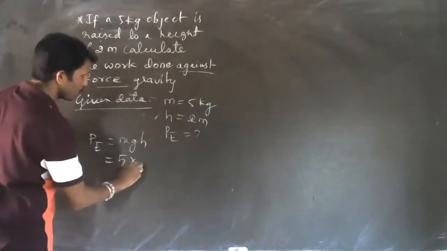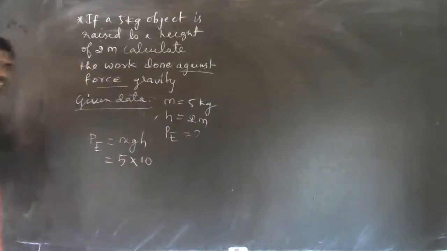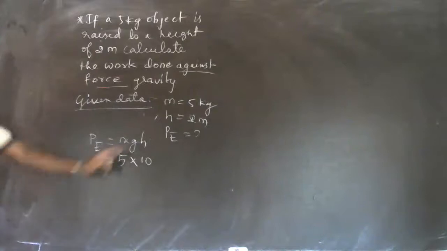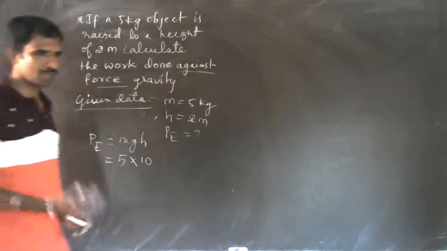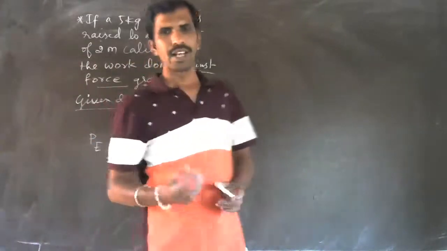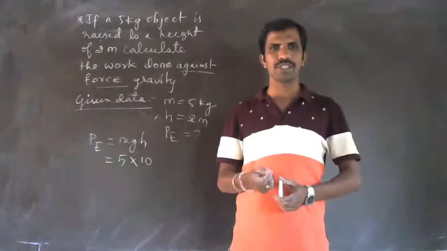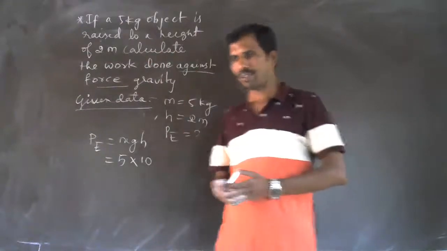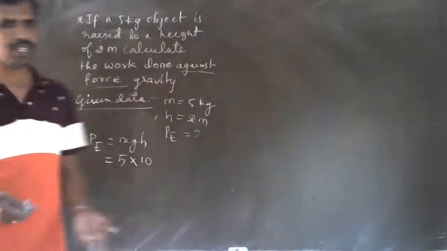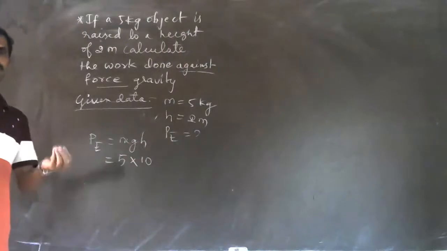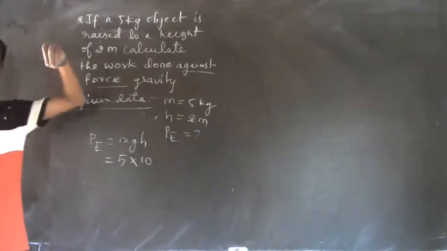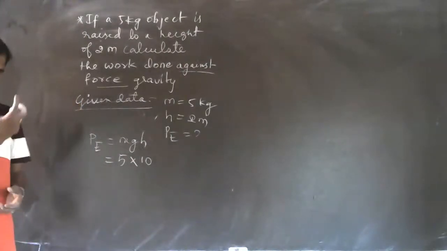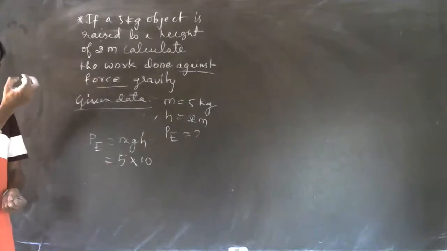g is a constant, the acceleration due to gravity. Acceleration is involved when the object is falling towards the ground. Whenever you throw the object towards the ground, because of gravity it gets an acceleration.